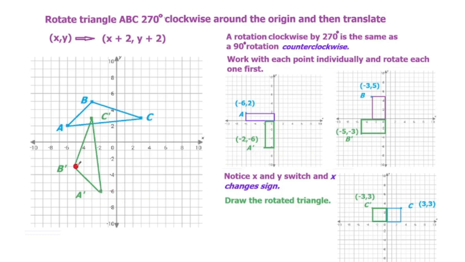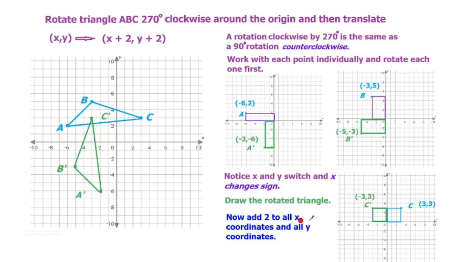Point B prime is at -5, -3. And point C prime is at -3, 3. You just follow these points, the green ones, and plot it.